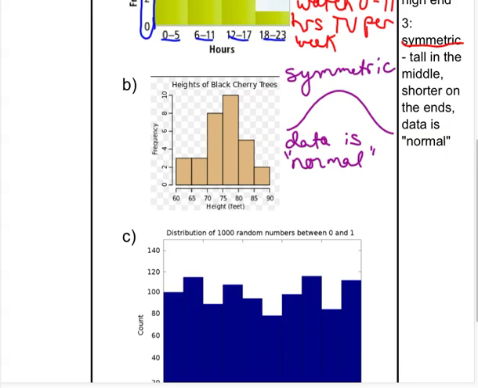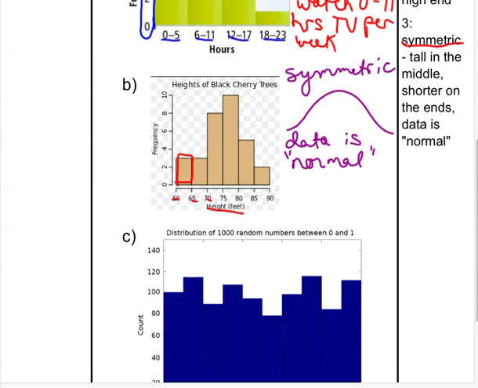This histogram was created using a little bit different method. So look at the bottom here where it tells us about the height. It only gives you one data value. What it's doing is giving you the left end point for each bar. So you know, based on the way they made the histogram, that this first bar here has heights of black cherry trees from 60 to 64, or just short of 65 if it's a little taller than 64, as long as it doesn't reach that 65 feet.